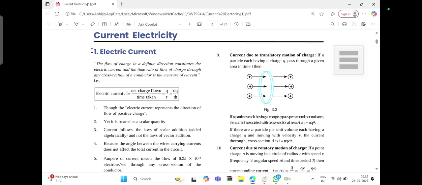That's why I want to repeat the concepts of electric current, and the concept of potential energy also, or potential difference and potential also.